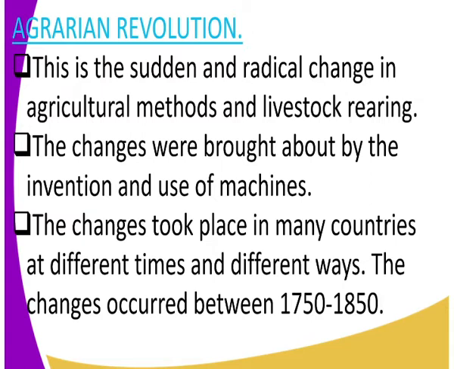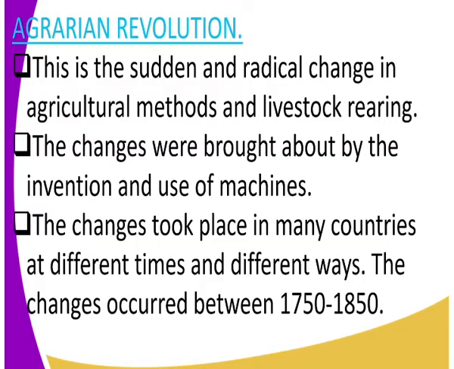If you used to rear those indigenous livestock breeds, now you get these improved breeds. Good. That's what agrarian revolution is. The radical change in agricultural methods and livestock rearing is what we call agrarian revolution.